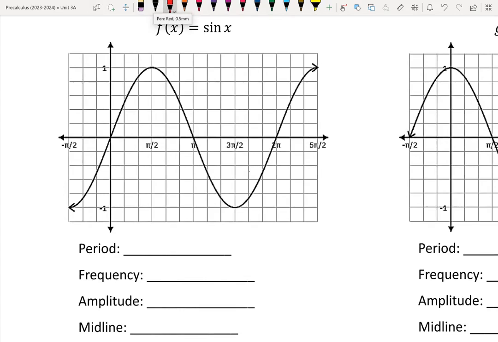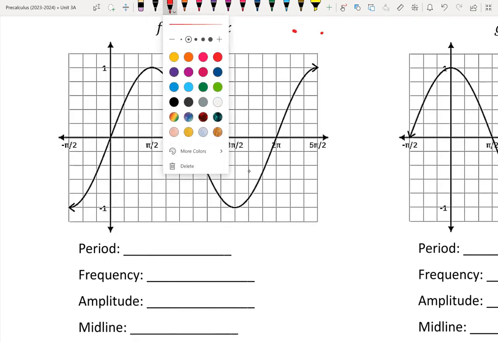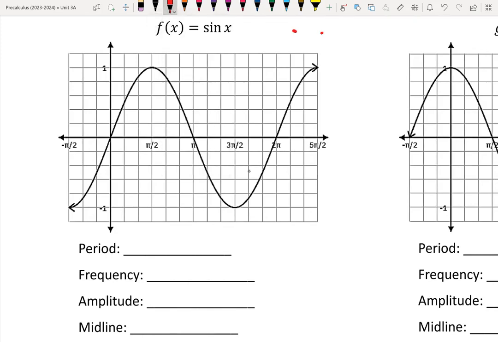Often, especially with just sine and cosine, it is easy to start at 0. And then where does the graph start repeating itself? If we travel along our graph, where does it start repeating itself? At what value of theta? At 2 pi, right? So we're going from 0 to 2 pi. That is the length of our period. Length of 2 pi.